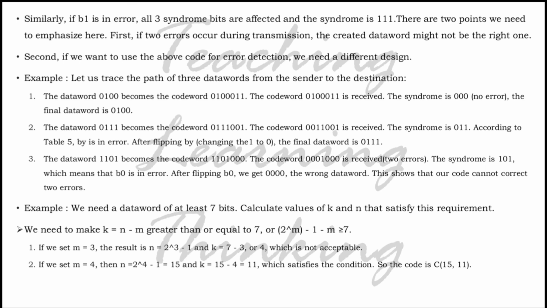If we set m equal to 3, the result will be n equal to 2 raised to 3 minus 1, and k equal to 7 minus 3, or 4, which is not acceptable. If we set m equal to 4, then 2 raised to 4 minus 1 equals 15, and k equals 15 minus 4, which is 11, which satisfies the condition. So the code will be C(15, 11).